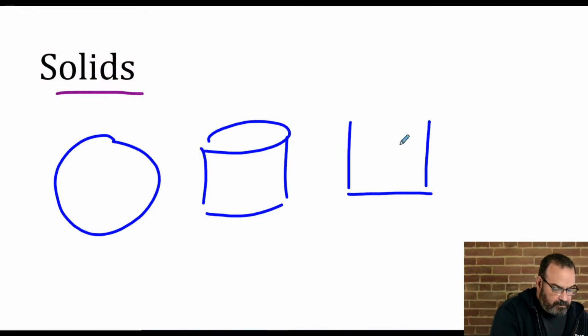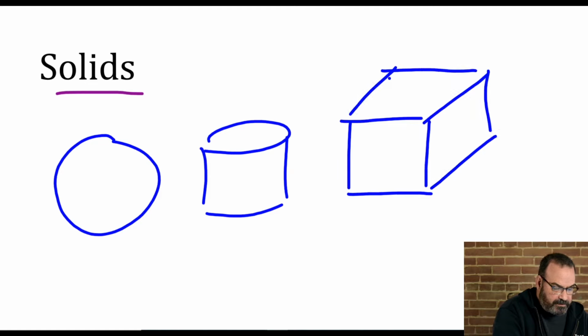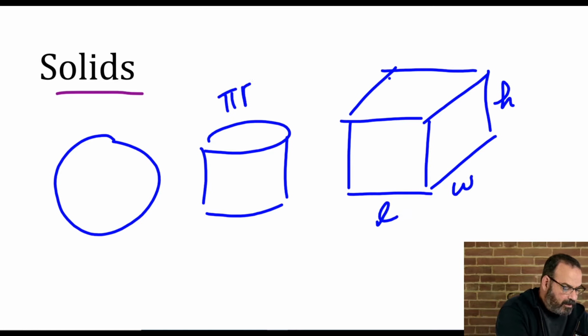Let's finish up here. Solids. The solids that they like are spheres, right cylinders, and rectangular prisms, or boxes. So I call this boxes, balls, and cans. Length times width times height. Pi r squared h.